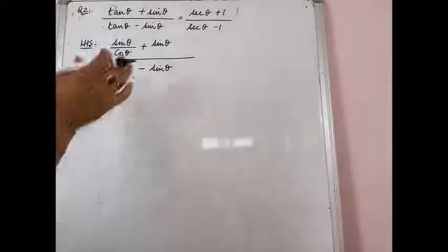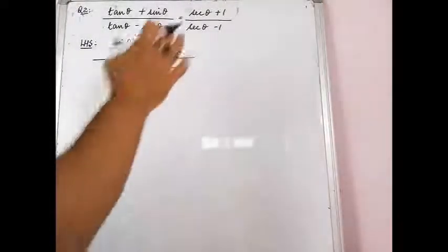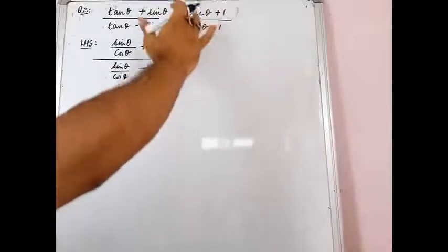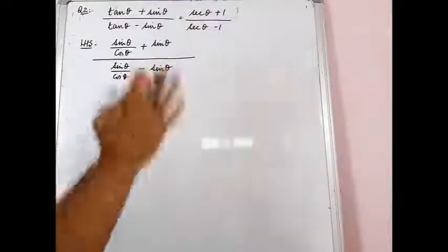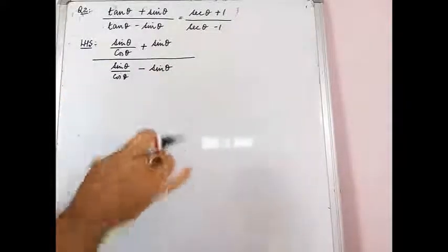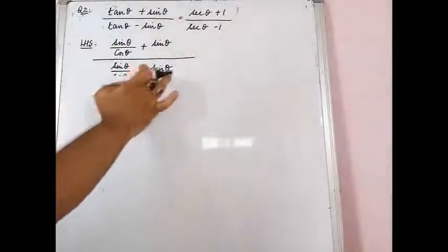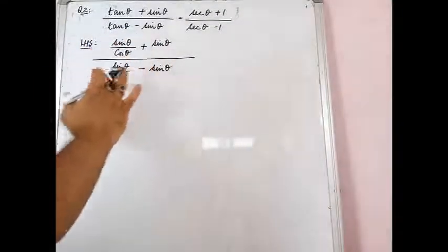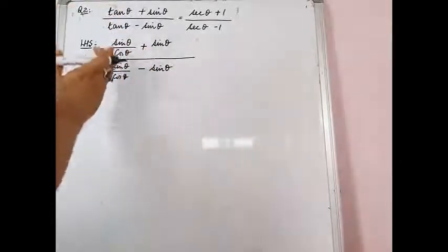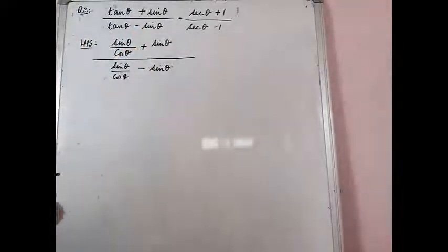Now after this, it will depend upon the way in which you remain alert as to what is there on the right hand side. Now you see, the right hand side has sec theta. The only trigonometric ratio present on the right hand side is sec theta, and as of now we don't have anything like sec theta in the left hand side that we have started simplifying.